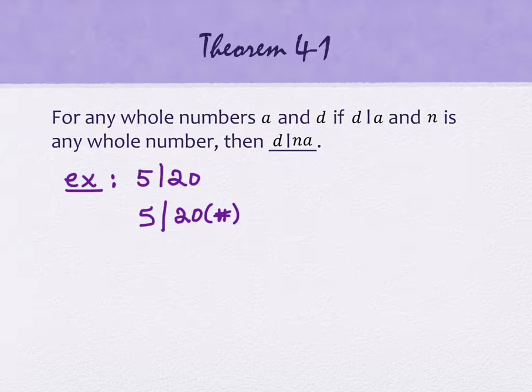Anything has to be a whole number. But if you multiply 20 by 2, you get 40. Is 5 going to divide 40? Yeah. If you multiply 20 by 7, you're going to get 140. Is 5 going to divide 140? Yeah. And the reason it's going to is because 5 is already a factor of 20. It doesn't need to even be a factor of the other piece.